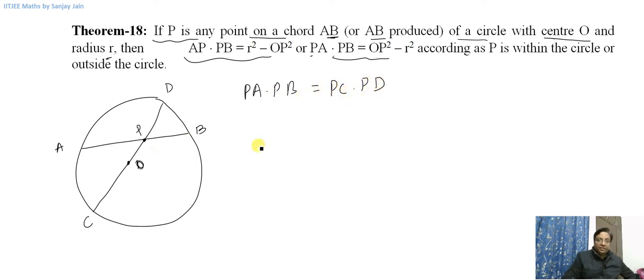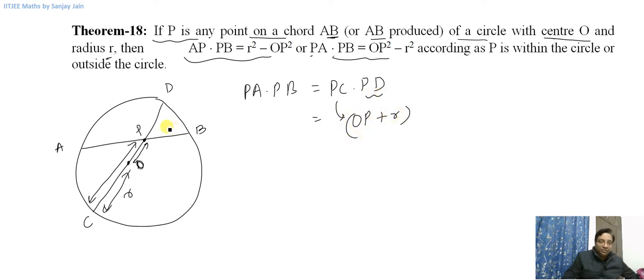But in this particular case, what is PC? If this is radius R, PC is OP plus this radius R. So I can replace this PC with OP plus R.